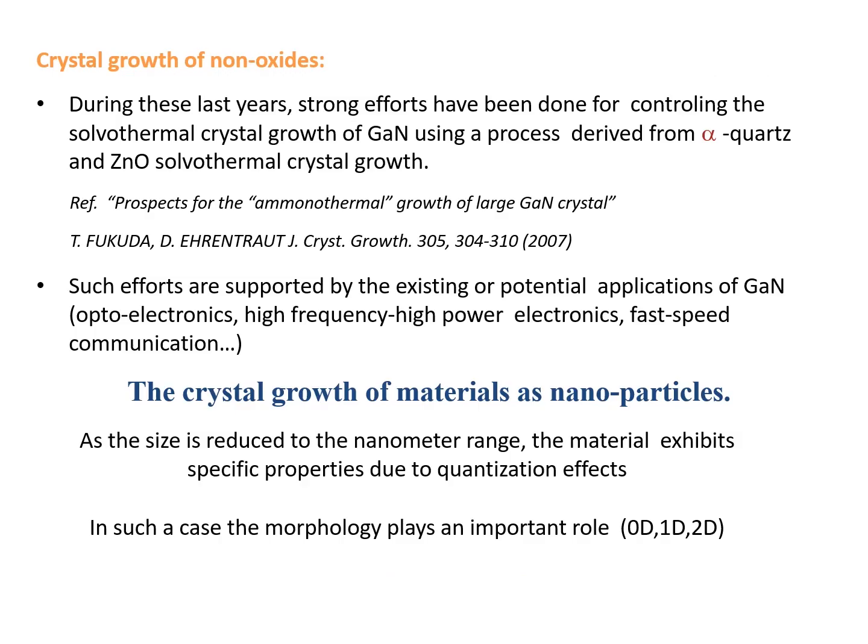Now this is the second domain we are discussing in the solvothermal process for growing large single crystals. This domain is crystal growth of non-oxides. During these last years, strong efforts have been made for controlling the solvothermal crystal growth of gallium nitride using a process derived from alpha quartz and zinc oxide solvothermal crystal growth.